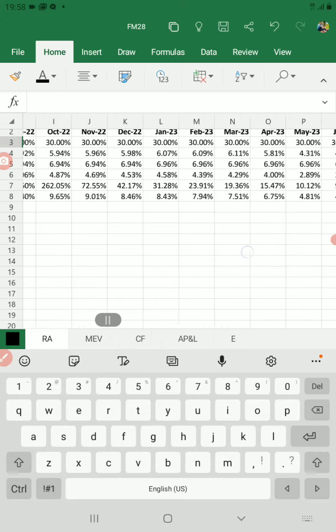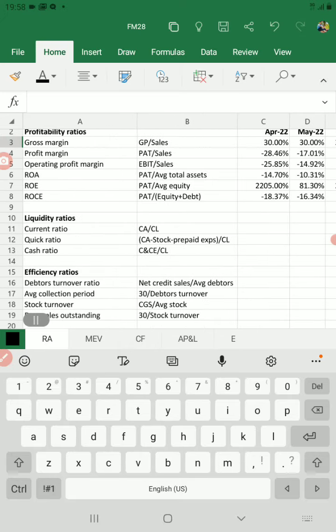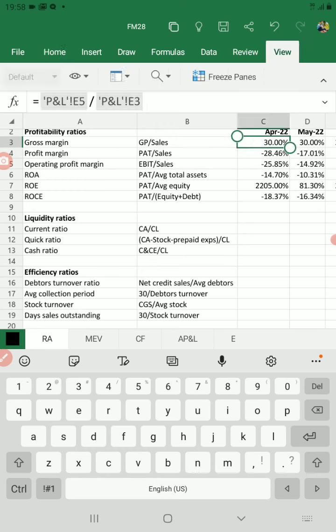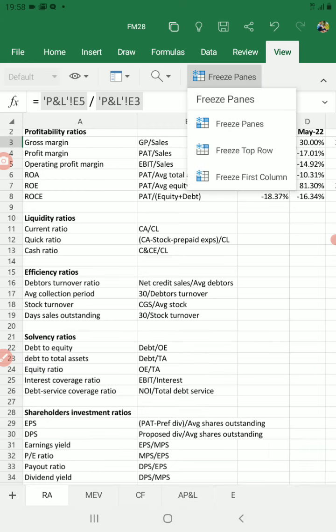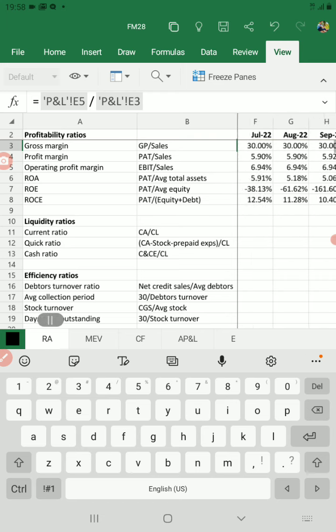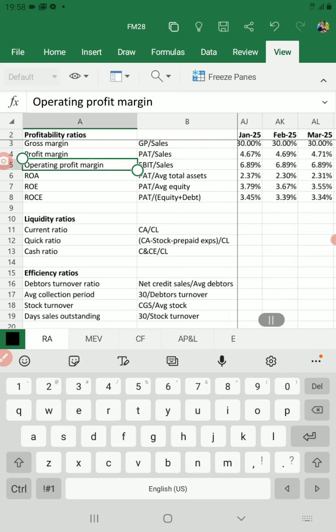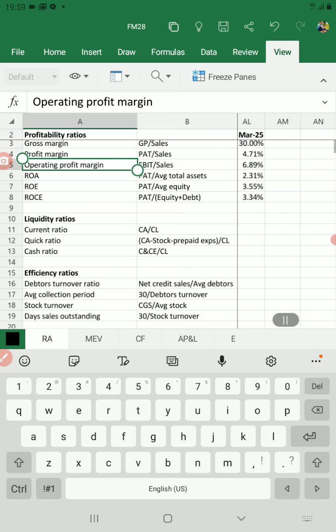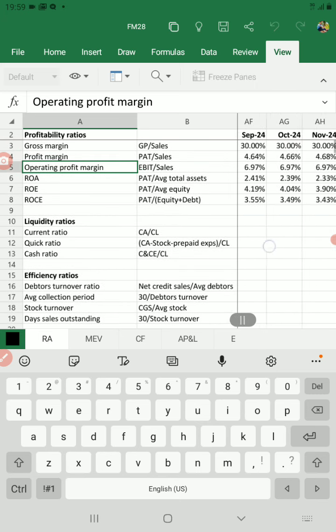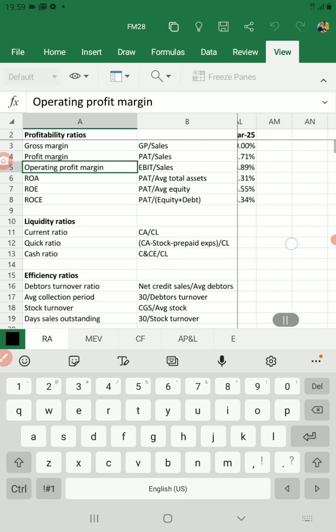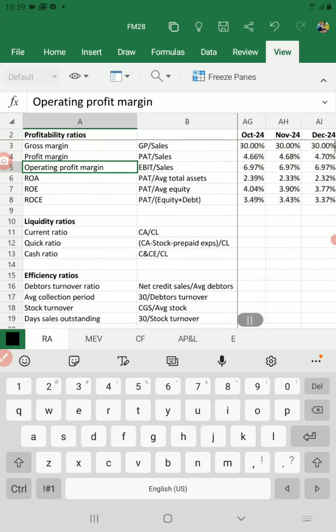So let me come here and then View, and then Freeze Panes, so that when I scroll, I still can see my column A and B line items. Okay, so I put my year. Where did I put?